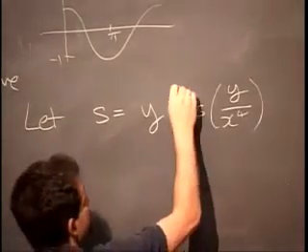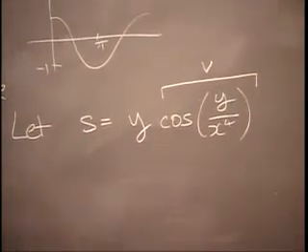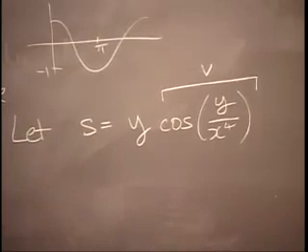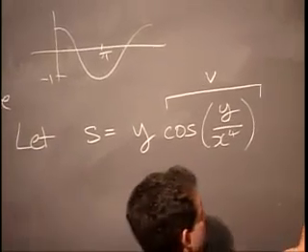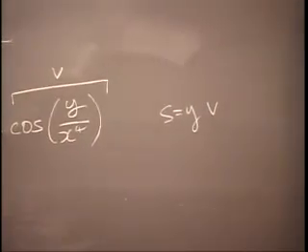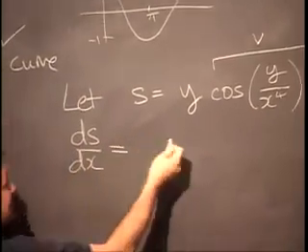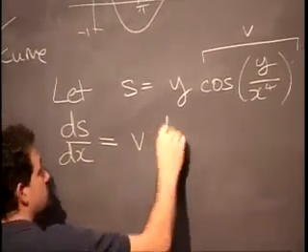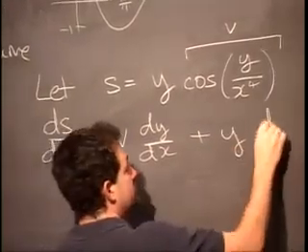I'm going to let v be cosine(y over x to the fourth). So s is equal to yv. Now I'm going to use the product rule to find ds/dx. According to the product rule, it's v dy/dx plus y dv/dx.